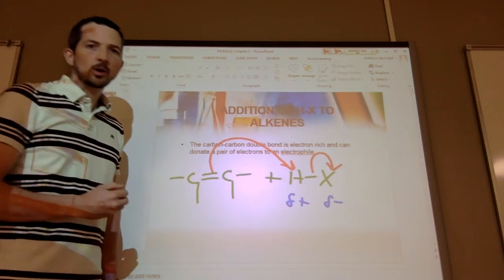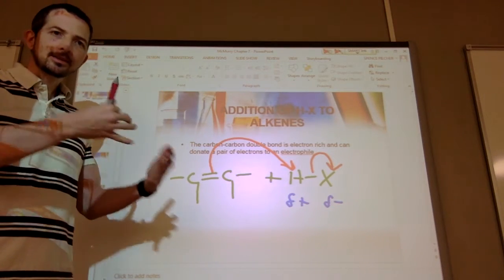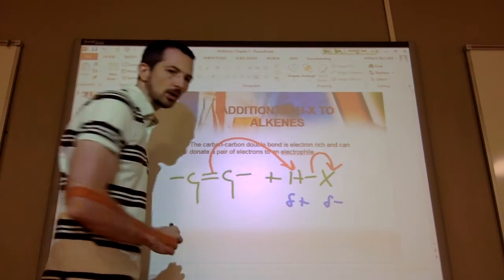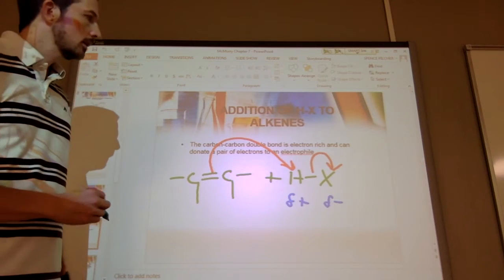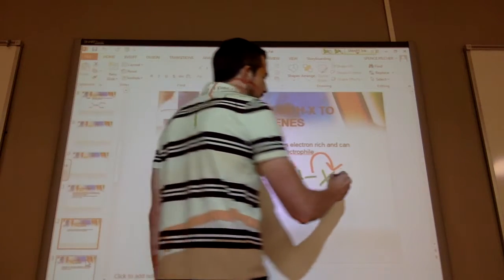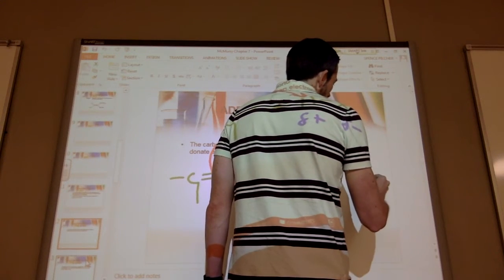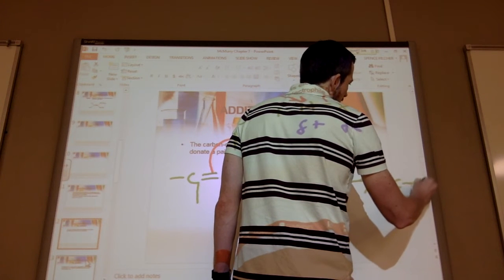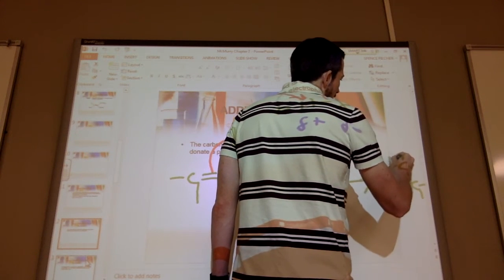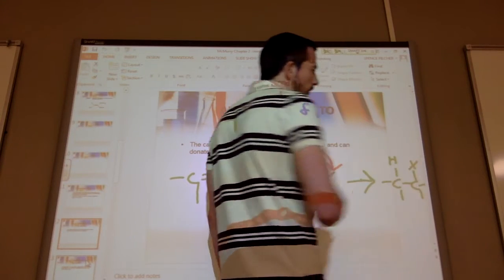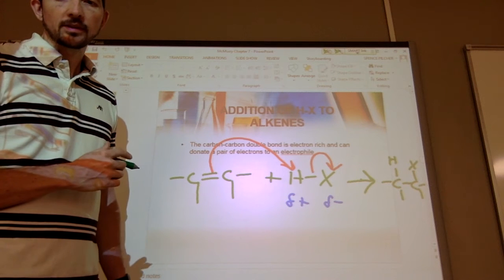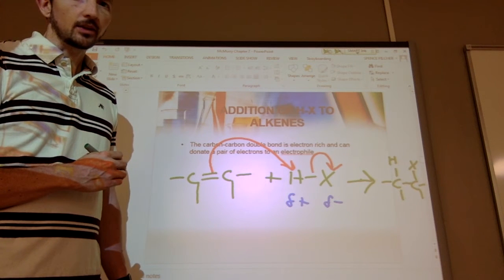Those electrons in that bond will go up onto the halogen because it's electronegative and can accommodate that minus charge, those extra electrons. So the product that we'll see overall will be an H adding to one side and the X adding to the other side.